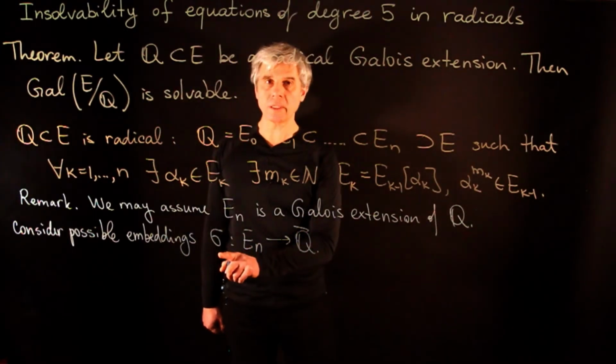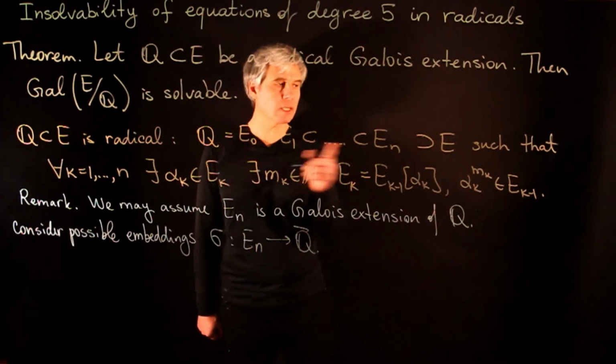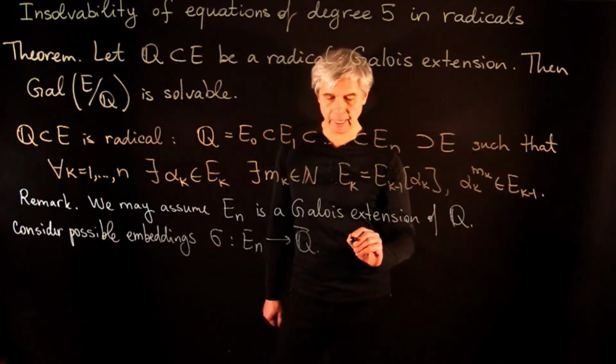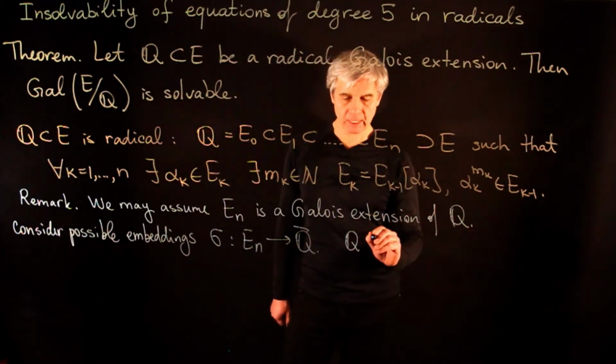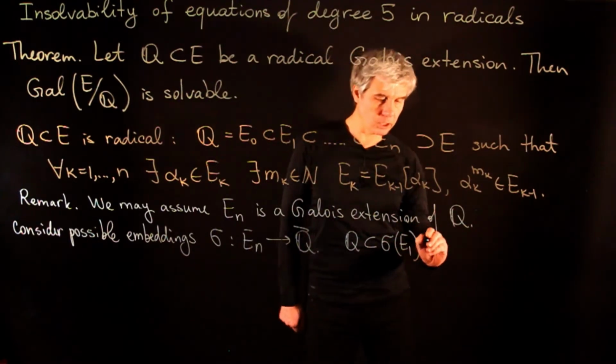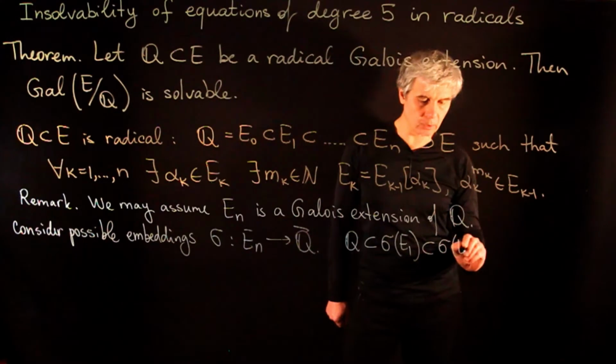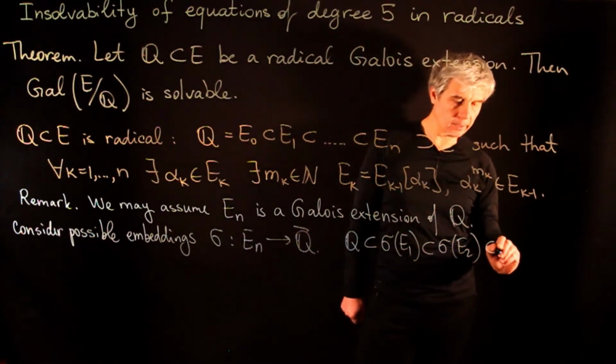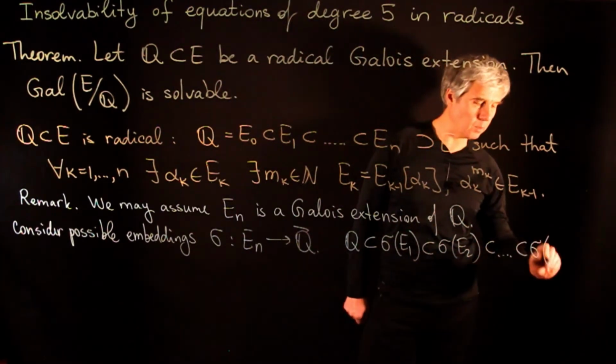We point out that each such sigma induces a similar chain. So we will have Q, which sits inside sigma of E1, which sits inside sigma of E2, and this sits in sigma of En.